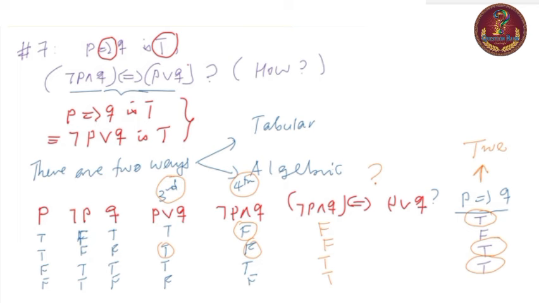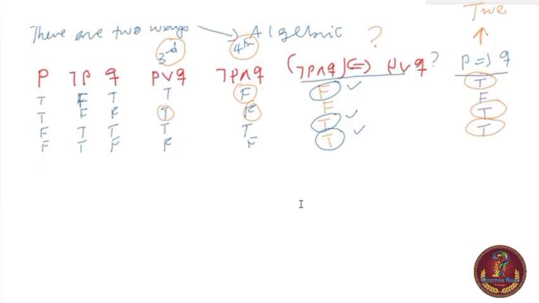And we will see that whenever P implies Q is true, correspondingly, the truth value of this compound proposition, in one line it becomes false, and in the third line it becomes true, and the fourth line true. So there are two possibilities.